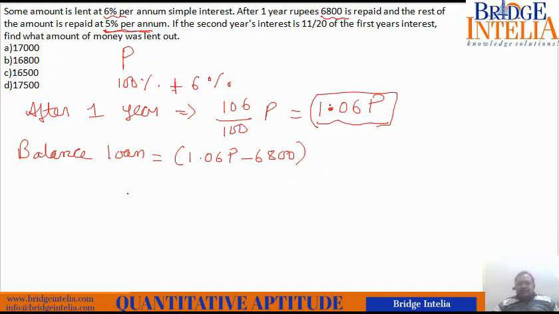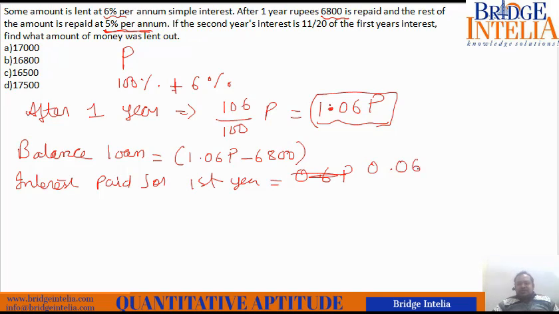So interest paid for the first year is equal to how much? 0.06P, because P you have borrowed but you are giving him back. You were supposed to give him back 1.06P.